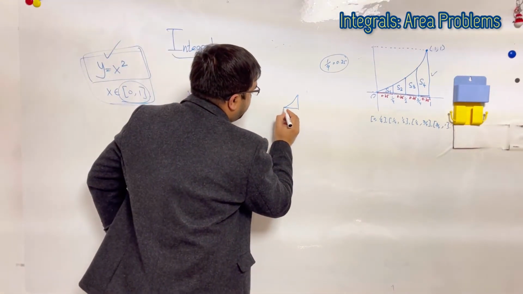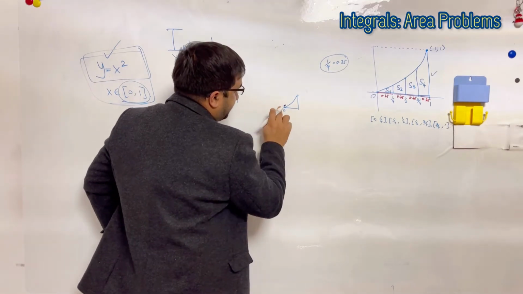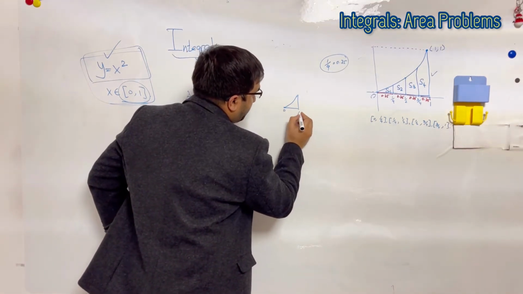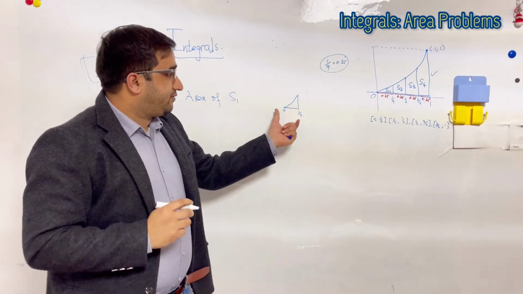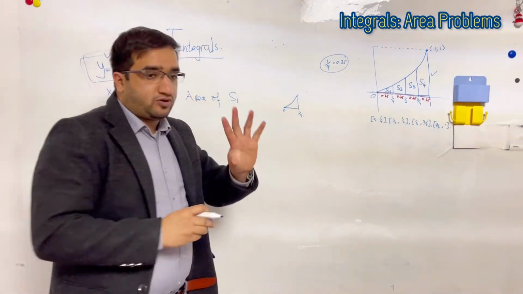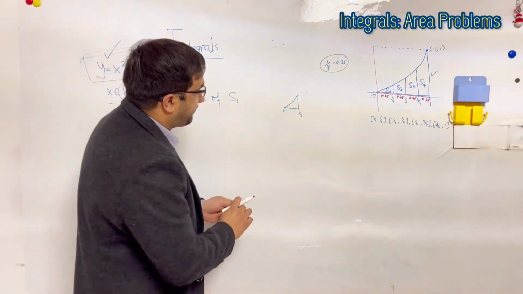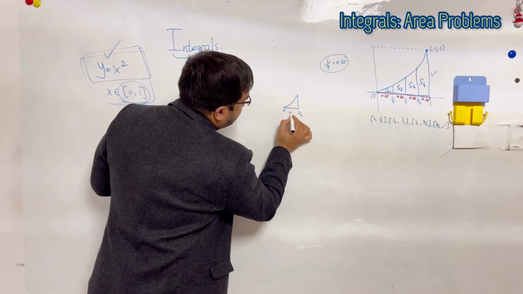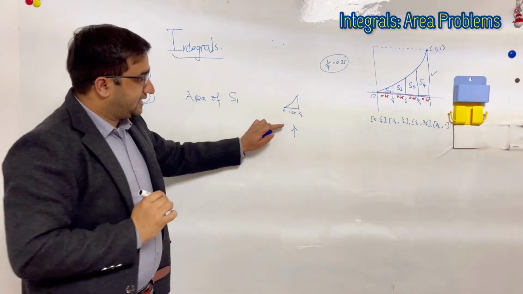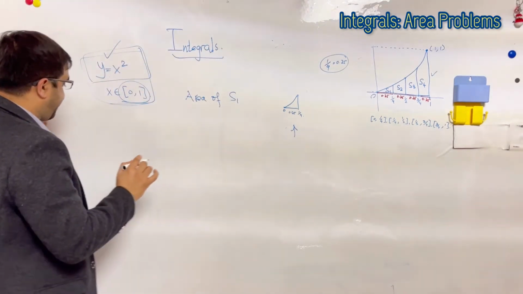Now if it is a rectangle, at this point it is 0, at this point it is 1/4. If I look from this side upward, what is this distance? This is 0.25. It means, what is the rule of a rectangle?